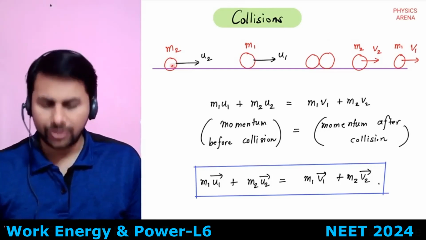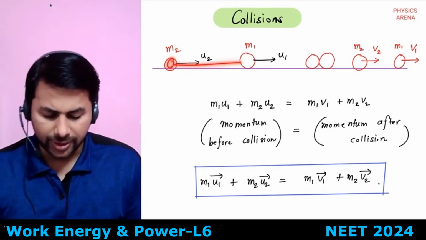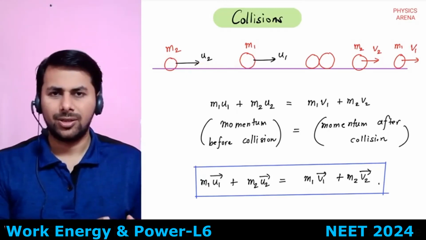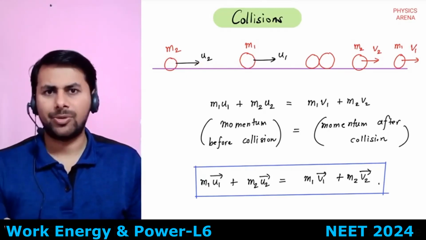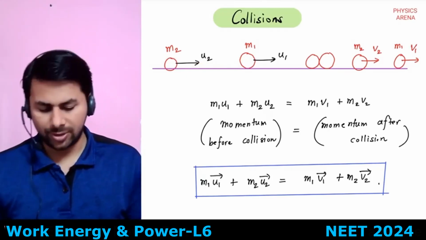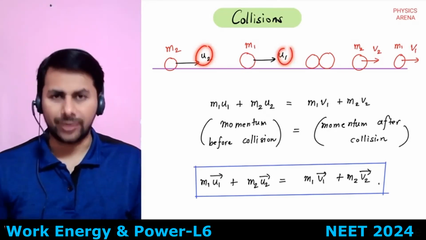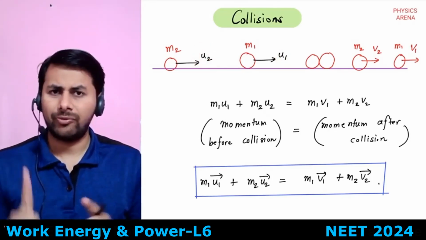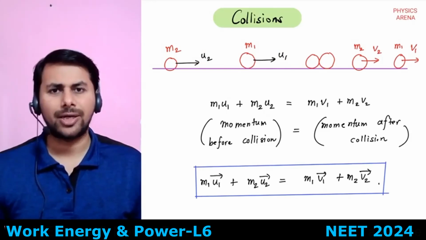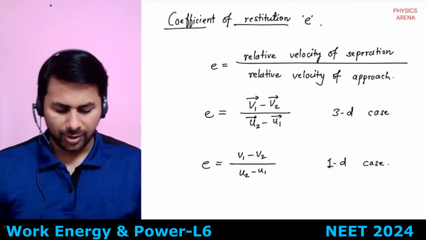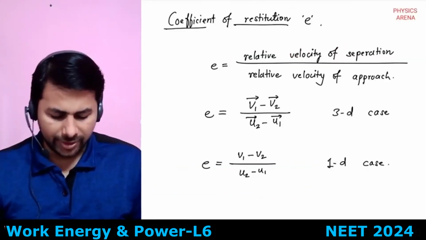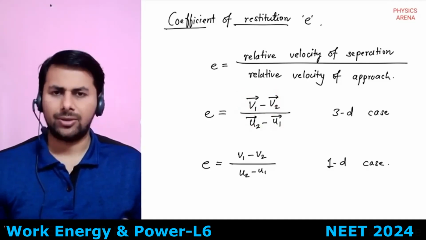Which body is approaching? The second body is approaching the first body. With what velocity? With velocity u2 minus u1. So it will be v1 minus v2 upon u2 minus u1, or vice versa.